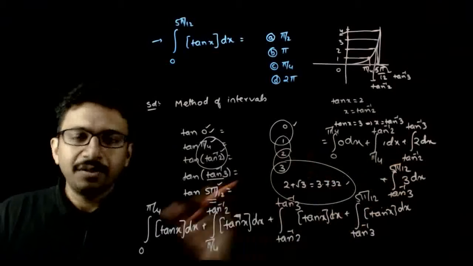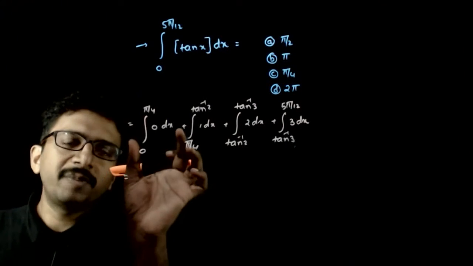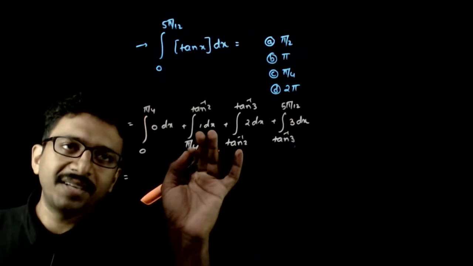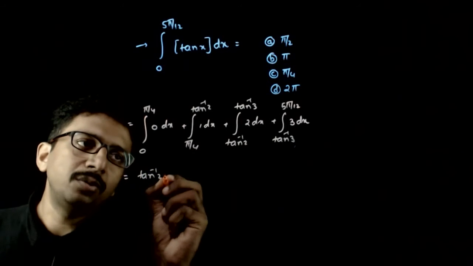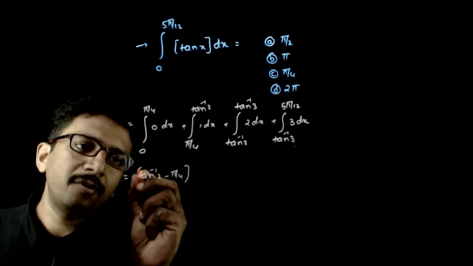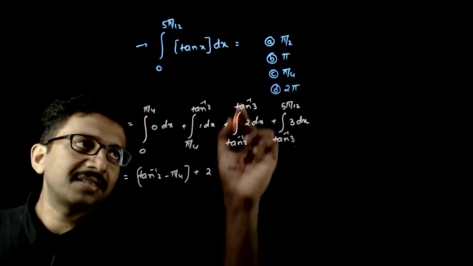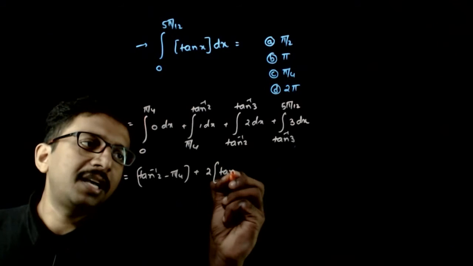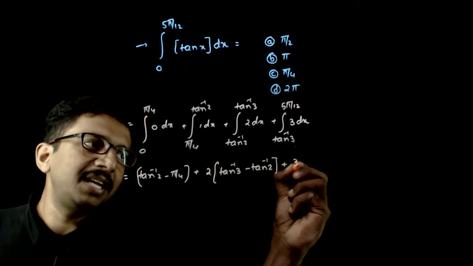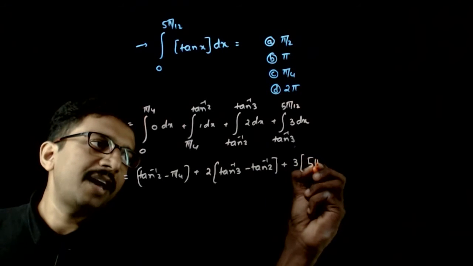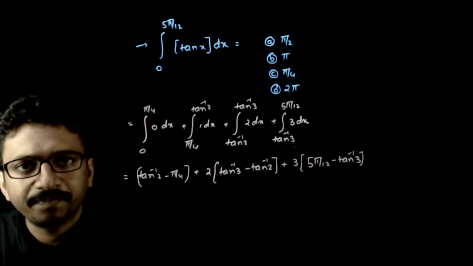Now let us continue. The first term becomes 0. The integral of 1 dx is x from π/4 to tan inverse 2, which becomes tan inverse 2 minus π/4, plus 2 times the integral of dx, which is tan inverse 3 minus tan inverse 2, plus 3 times 5π/12 minus tan inverse 3.